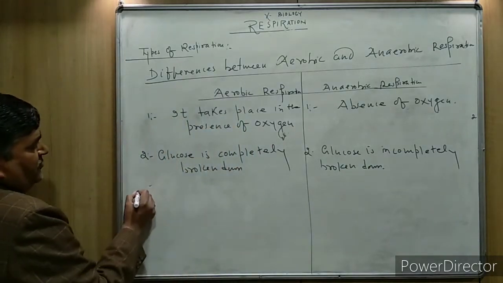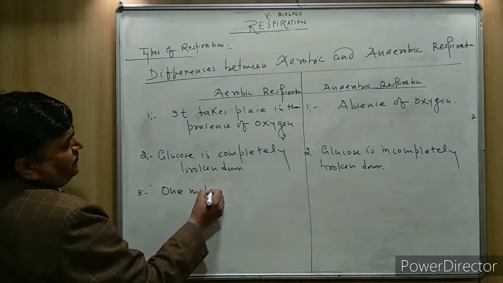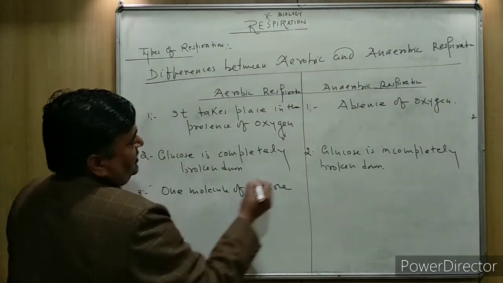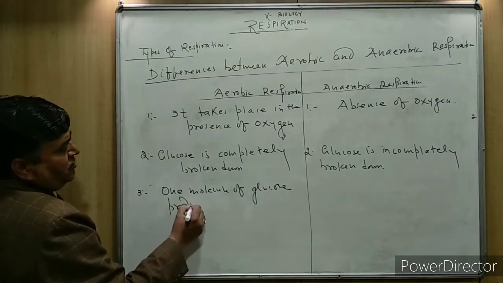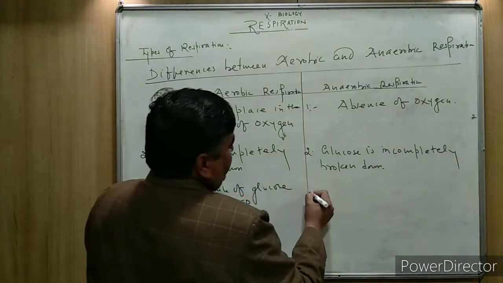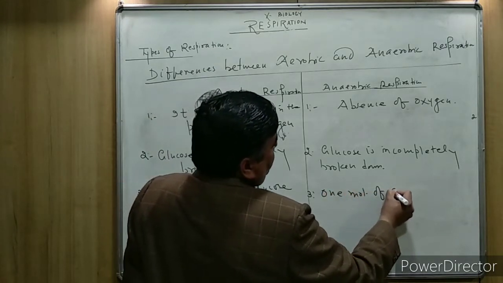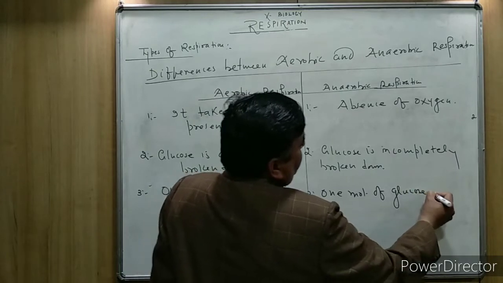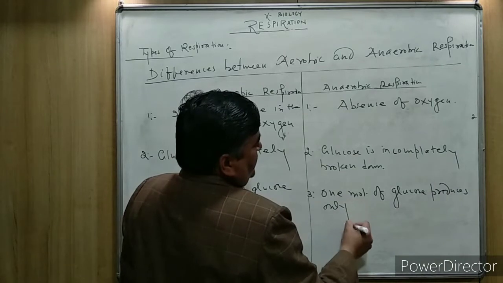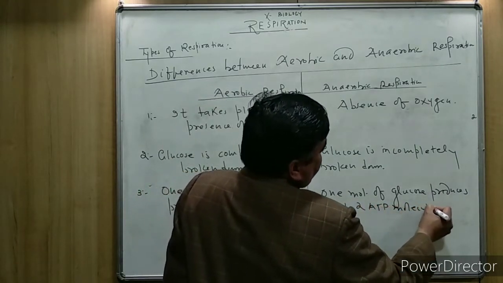Third, you can note down one molecule of glucose produces 38 ATP, and here one molecule of glucose produces only 2 ATP molecules.